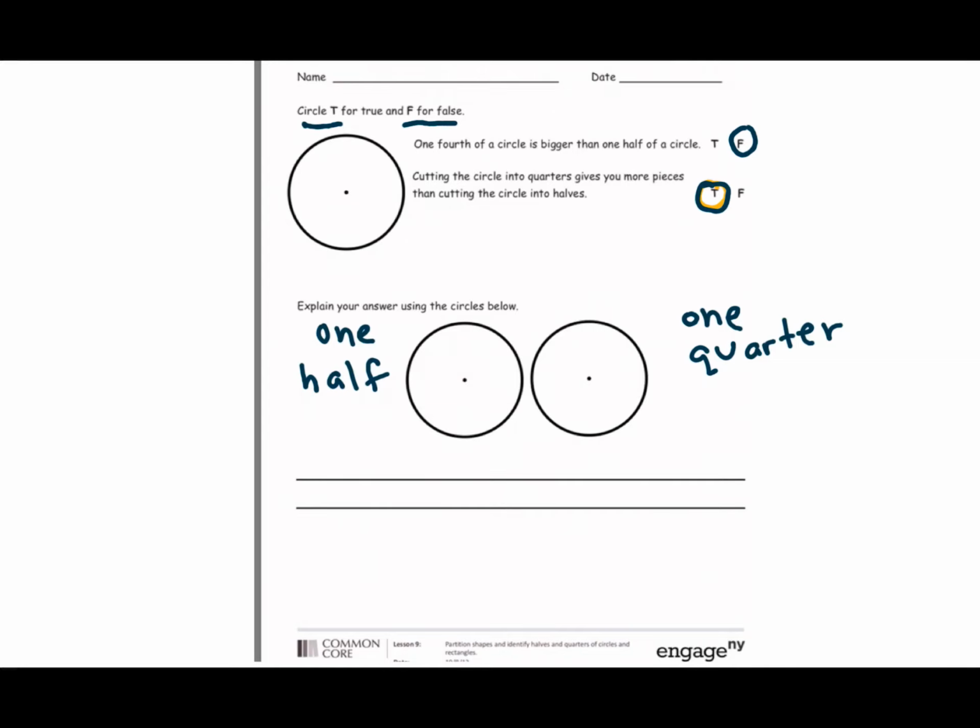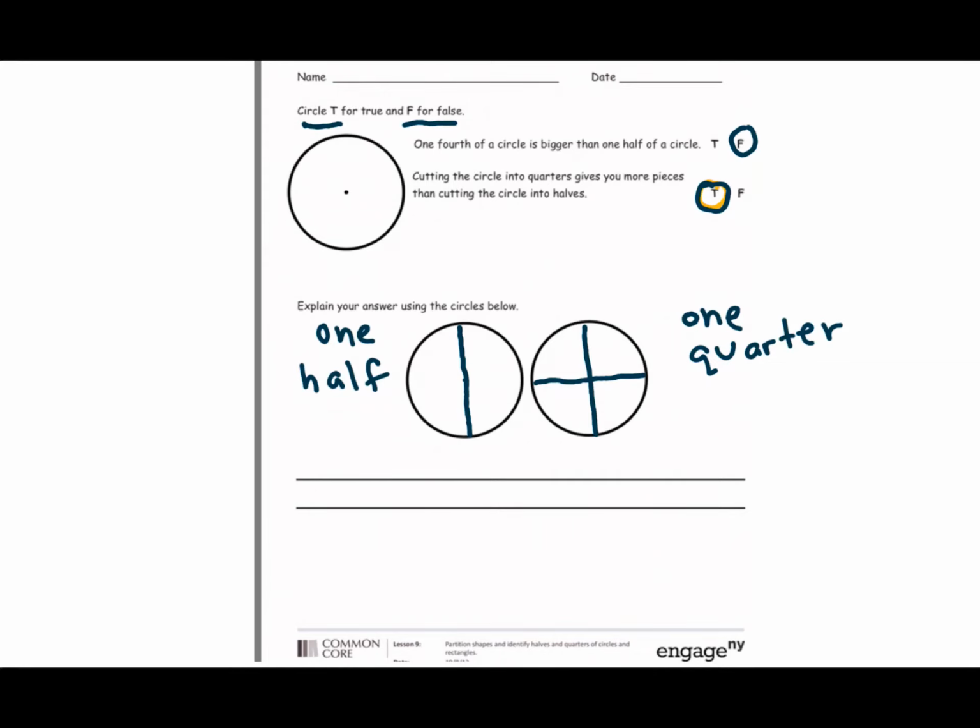Okay, boys and girls, so for 1/2, you should have made your circle into 2 equal parts. And for 1/4, you should have made your circle into 4 equal parts. Now, cutting the circle into quarters gives you more pieces.